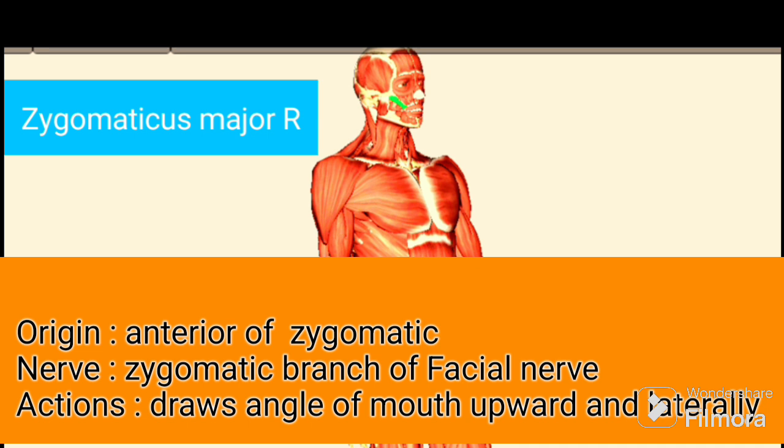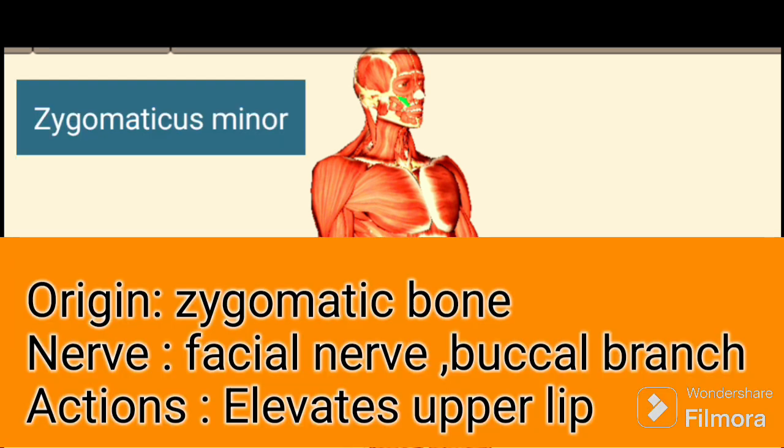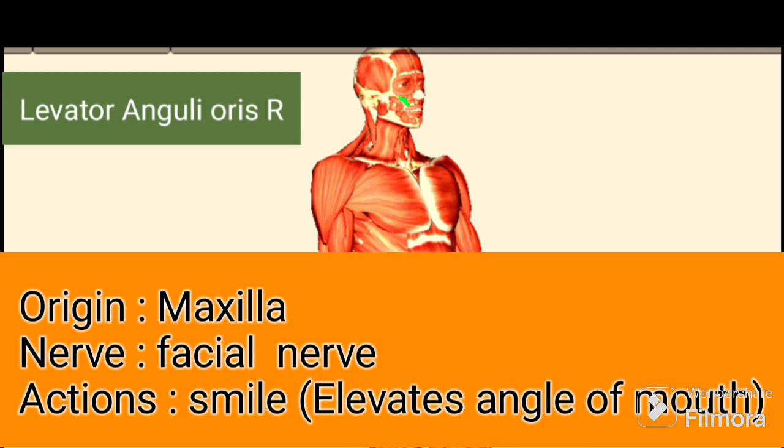Zygomaticus major is a muscle of facial expression which draws the angle of the mouth superiorly and posteriorly to allow one to smile. It inserts in the modiolus of the mouth. Zygomaticus minor originates from the lateral aspect of the zygomatic bone and inserts into the outer part of the lip. It is innervated by zygomatic and buccal branches of the facial nerve.